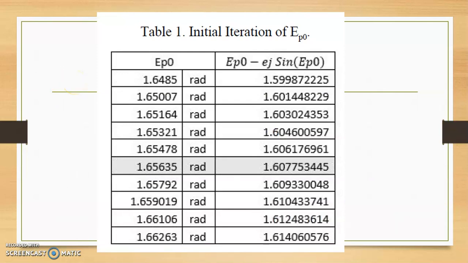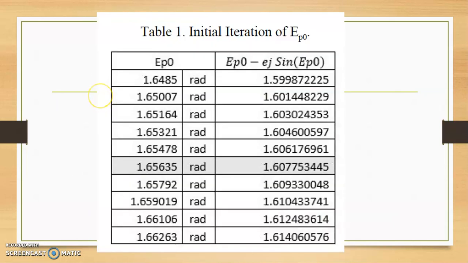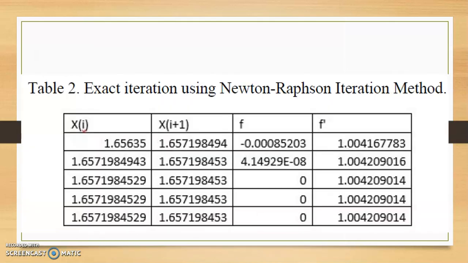So we do the initial iteration to roughly find the closest value of EPO, which produces the TPO times Ng of 1.609. The closest but still below our goal value is the EPO of 1.65635.